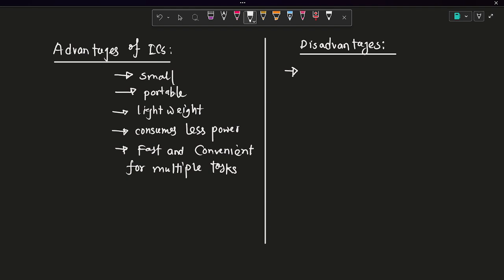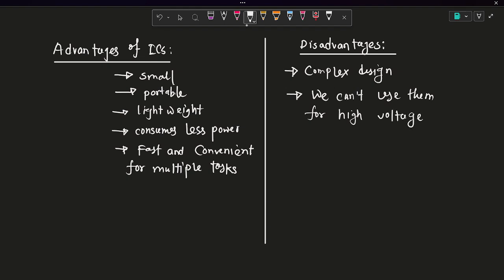Some disadvantages are there as well. As ICs are composed of millions and billions of transistors, this is a complex design or architecture. And another disadvantage of ICs is that we can't use them for high voltage applications, right?